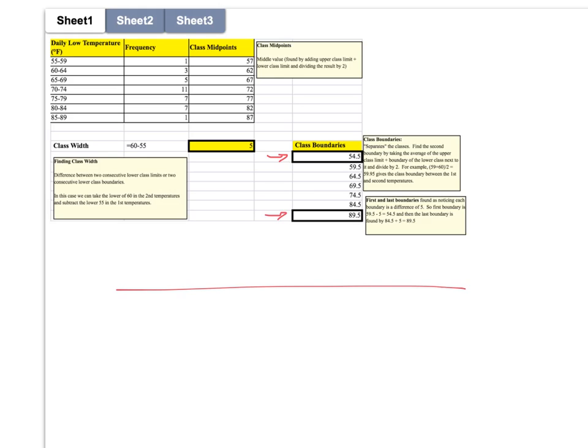Let's say we have our temperatures and we can see that they start here at 55. And then we go to the next one, which starts at 60, and then the next one, 65, and so on.